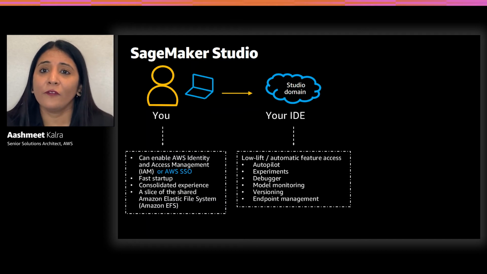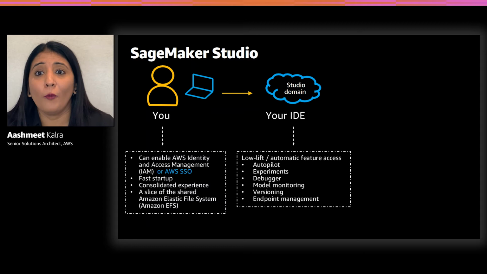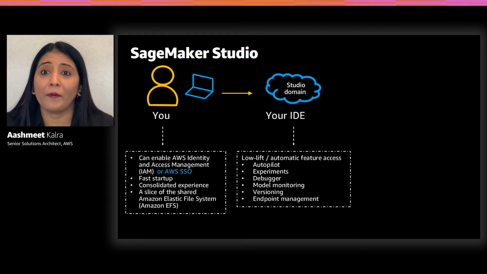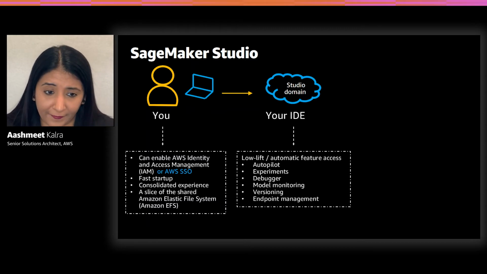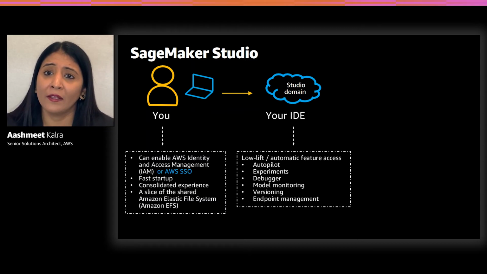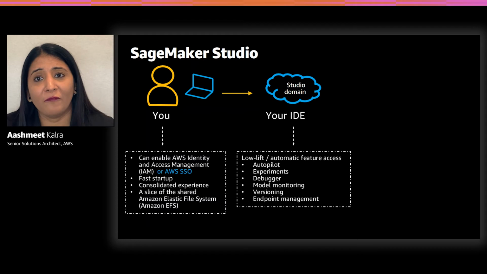This persistent store is created so that all the users within the domain have their private home directory on which they can build their models and run their experiments. Along with that, the domain provides a capability for you to have integration with multiple users in the environment.